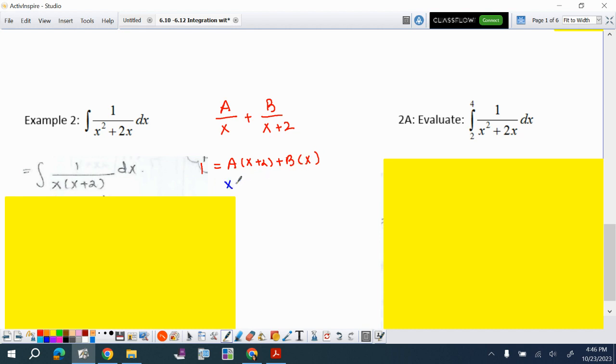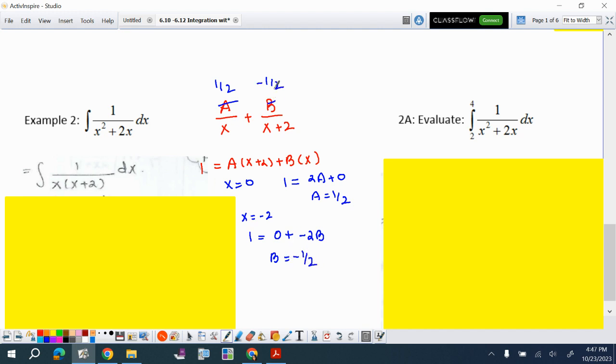So substitute x equal to 0. You get 1 equal to 2a plus 0, so that means a is 1 half. This factor will be 0 when x equals negative 2. So you will have 1 equal to 0 plus negative 2b, and b is negative 1 half.